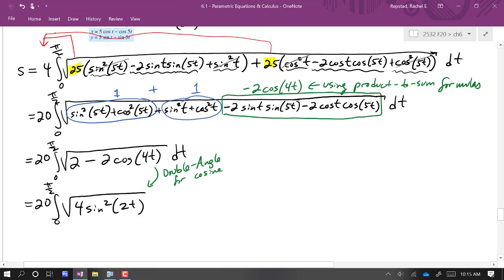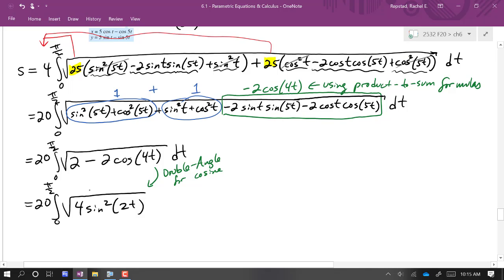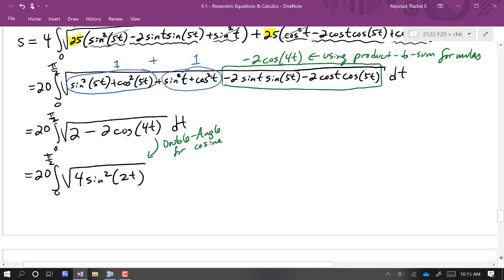At this point, our path forward is clear, I think, right? We have a factor of 4 inside the radical, and actually, what I think I'll do is simplify the radical itself, the whole thing. The square root of 4 sine squared is just 2 times sine.